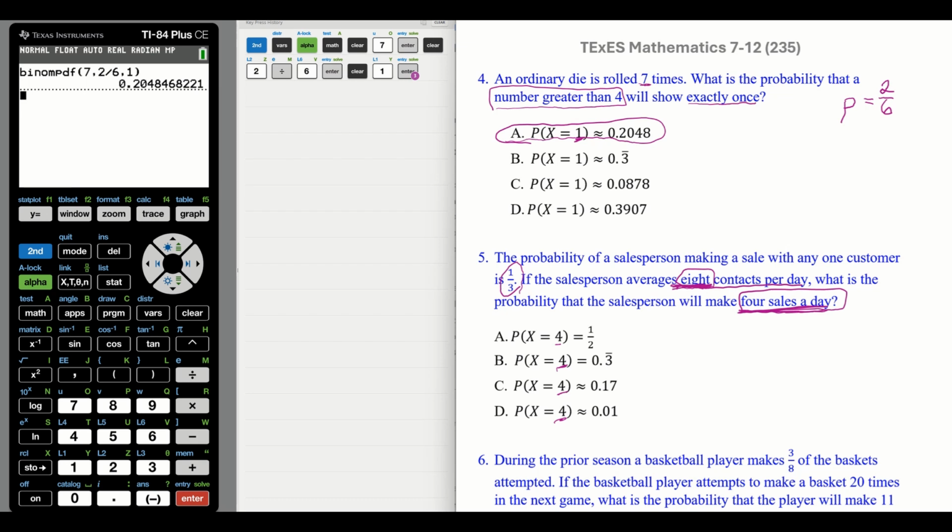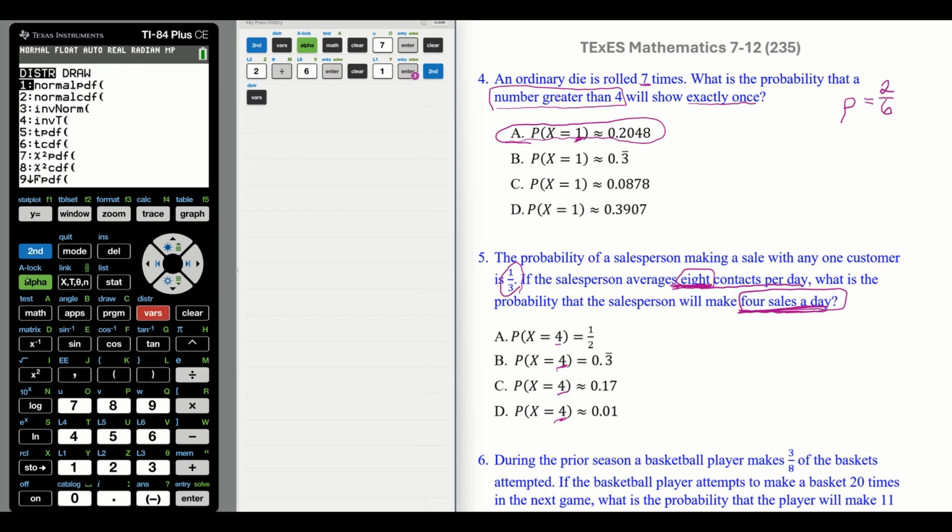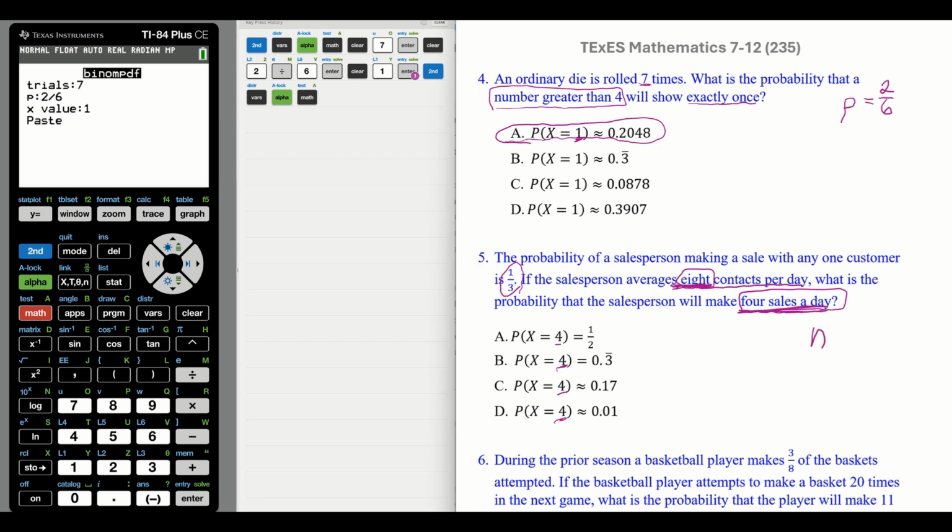All right, let's put this in our calculator. So what do we do? Second vars alpha math. Okay, how many total trials? That's what's going on. We have n equals 8, p equals 1/3, and our x equals 4. Okay, it's the 8 that's a little questionable.